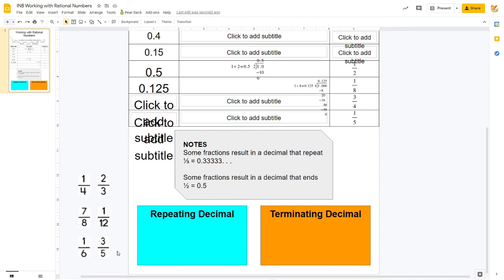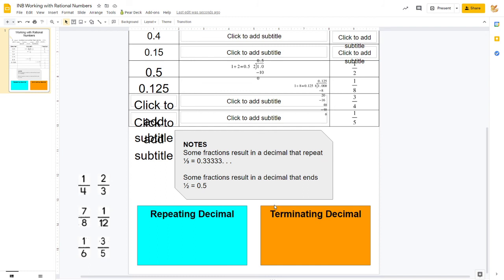So most, not all, but most of the time when it has a denominator that is even, they're more likely to be terminating than repeating. The opposite is true with odd numbers. If they have an odd number at the bottom, they're more likely to be repeating than terminating.